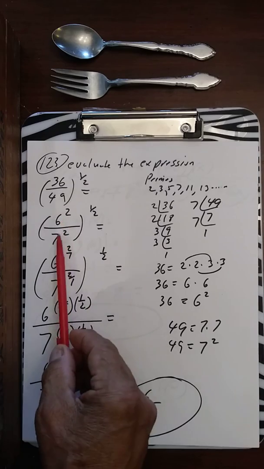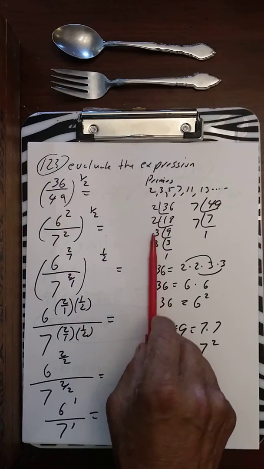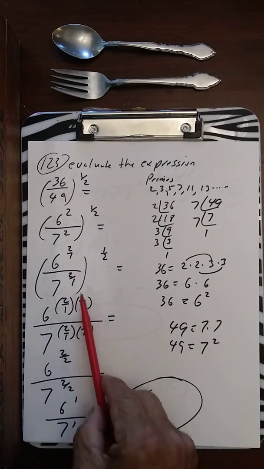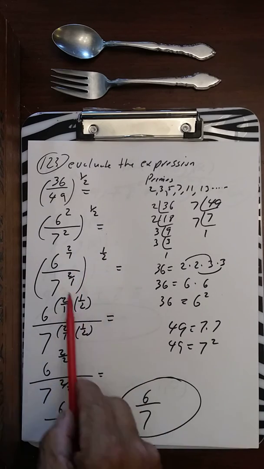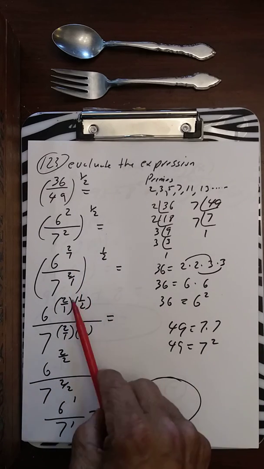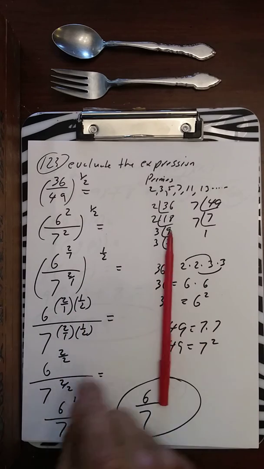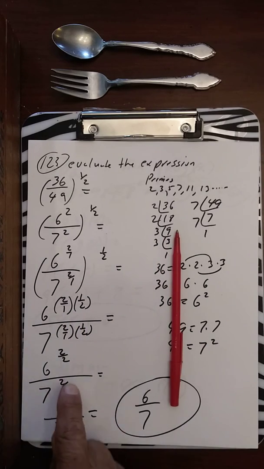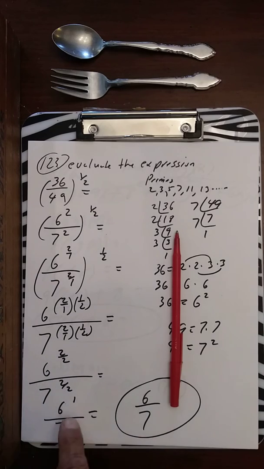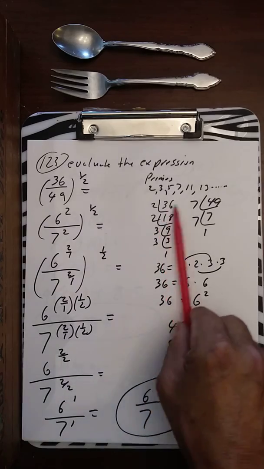This one is 6 squared, this one's 7 squared. So now, 2 over 1 times 1 over 2, multiply the powers. That times that is 2 over 2, 6 is 2 over 2, 7 is 2 over 2, 2 over 2 goes away, 1. And that's a 1 also. So 6 over 7, the power of 1 is still 6 over 7.